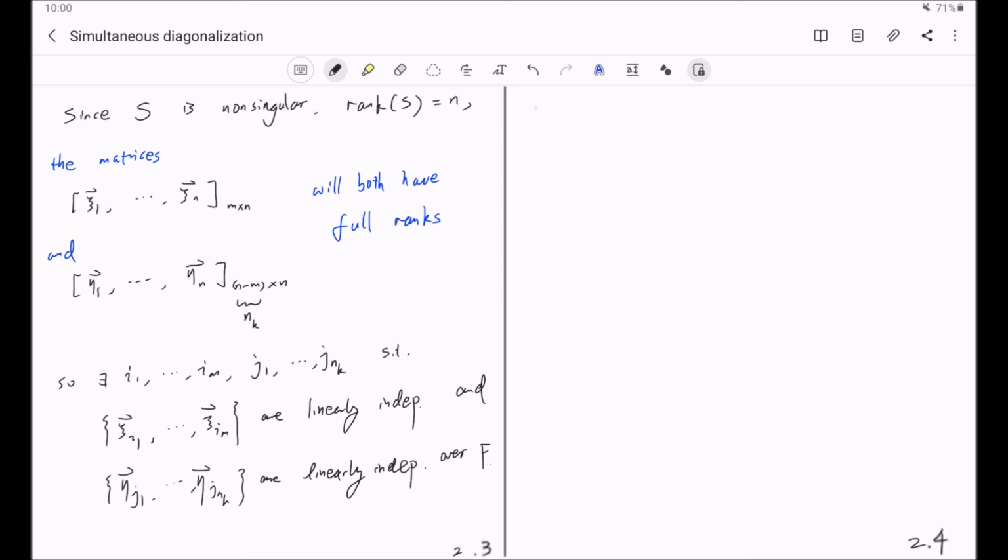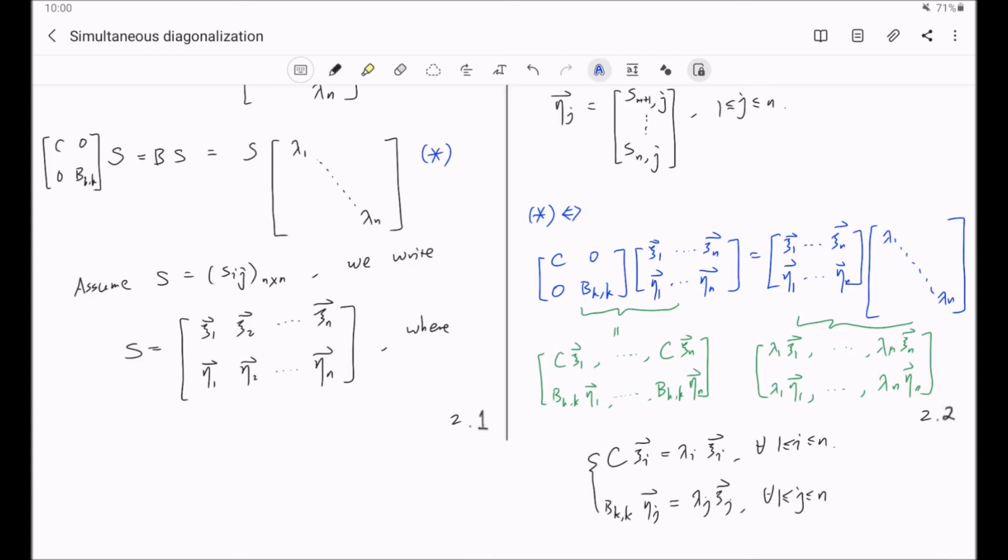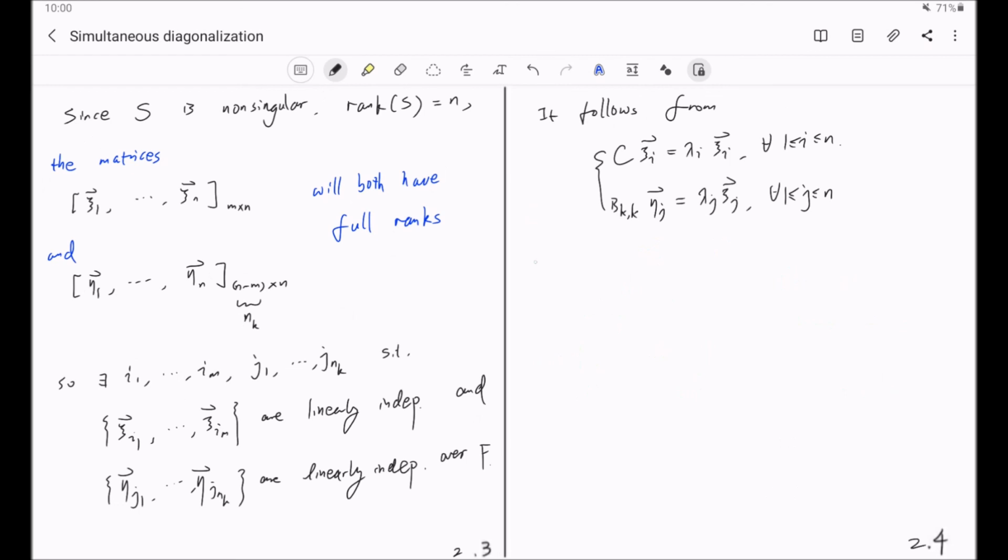Now it follows from this relation we just derived that you have this conjugation of C by this matrix formed by those linearly independent vectors is equal to this diagonal matrix.